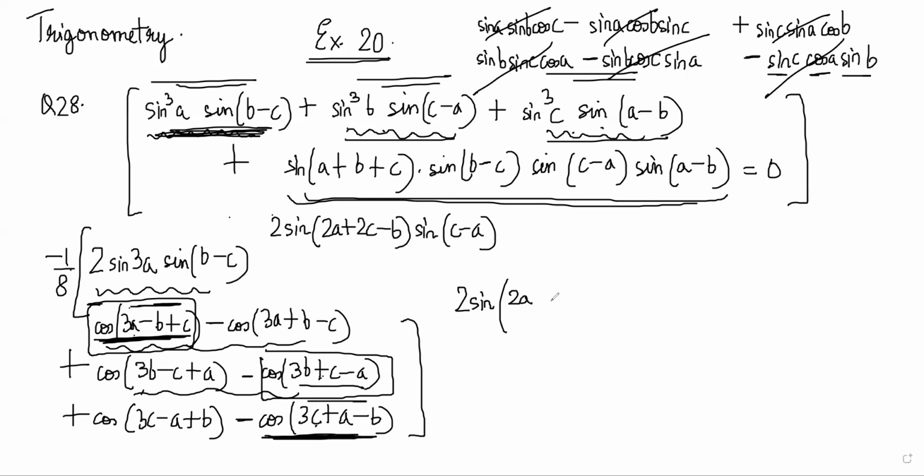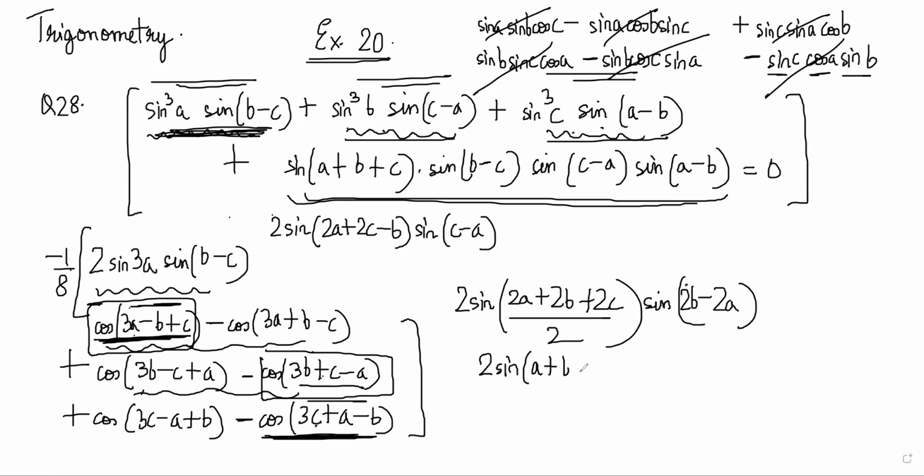Notice it is 2a plus 2b plus 2c by 2, right? Yes. And the other term is sine (D minus C) by 2. This minus this by 2. So 3b minus 4b, c minus c gets cancelled, and minus a minus 4a, by 2. So 2b minus 2a, right? So see that you are getting 2 sine (a plus b plus c), right? Yes.